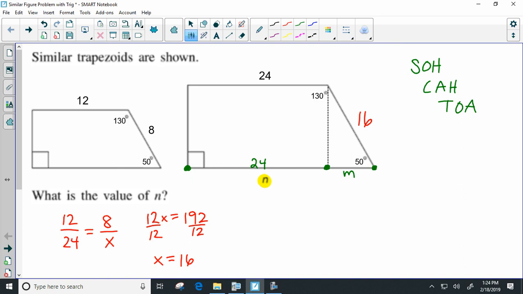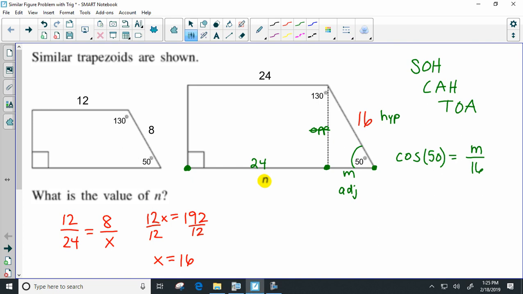So if this is my angle, this side would be my opposite leg, 16 would be my hypotenuse, and m would be my adjacent leg. Since I'm using adjacent and hypotenuse, I would choose to do the cosine. So the cosine of the angle, 50, is equal to adjacent over hypotenuse.